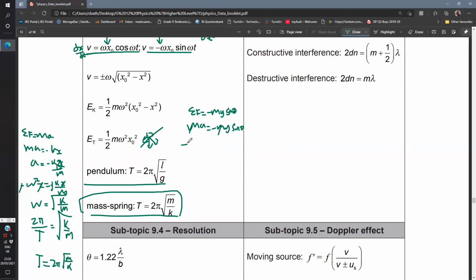So a is equal to negative omega squared x, which is equal to minus g sine theta.